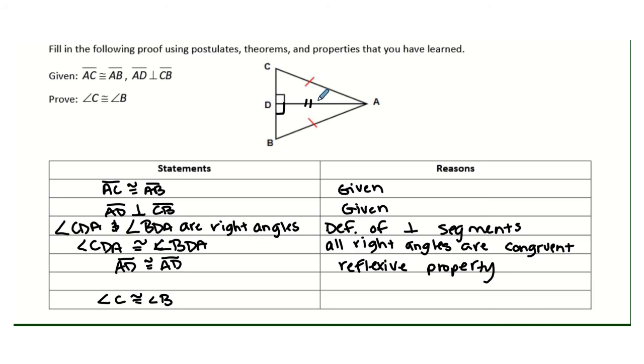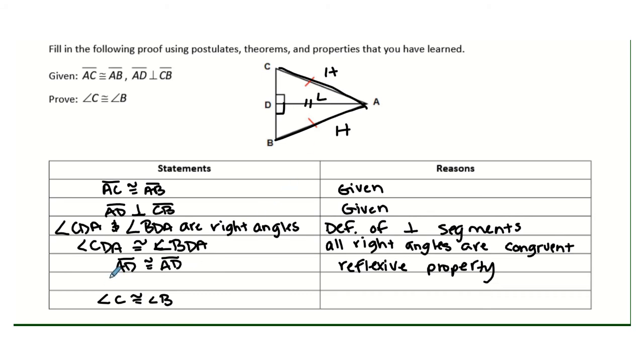So now what do we have? We have a side and an angle. Well, we know that SSA is not a valid statement, but we do know hypotenuse leg. Luckily for us, that is what we have. Here, this is the hypotenuse, and this is the hypotenuse, and then this leg is congruent.